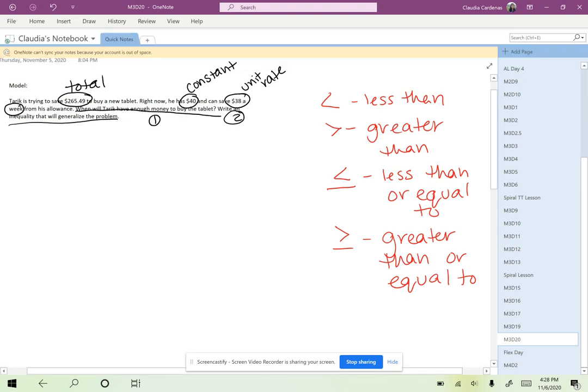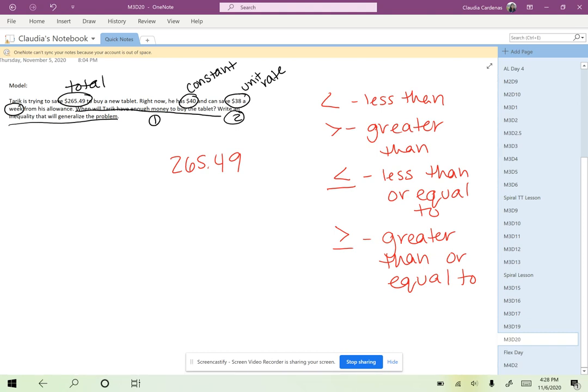Okay, so I remember that we usually write our unit rate plus our constant and then our total, right? That's kind of the format that we typically do, and sometimes it could be subtracting as well. So let's go ahead and start off with our total, $265.49. And then our unit rate is $38 a week, and that's something that he's saving, right?